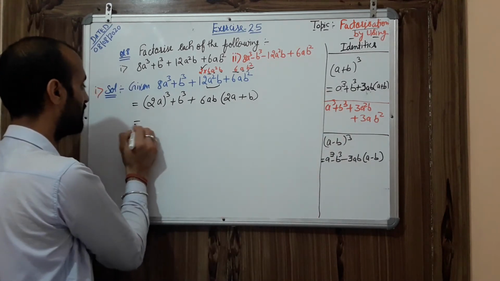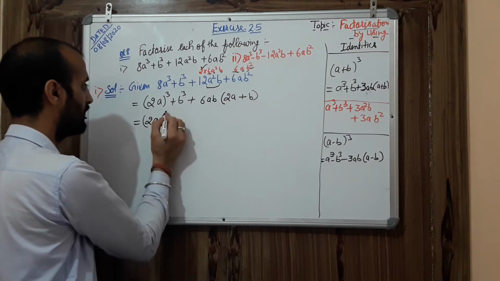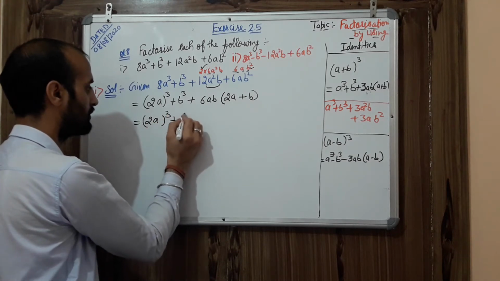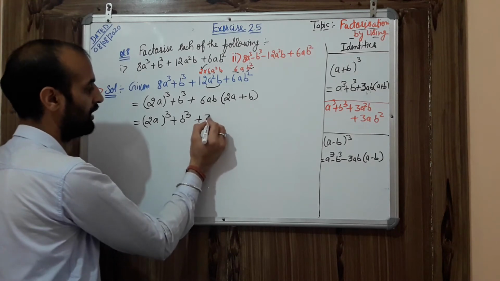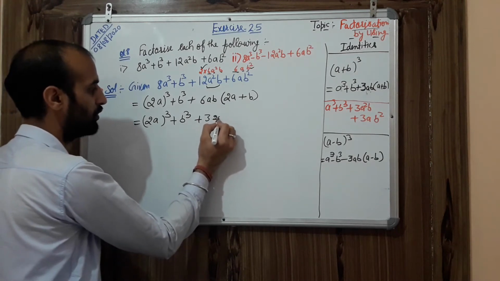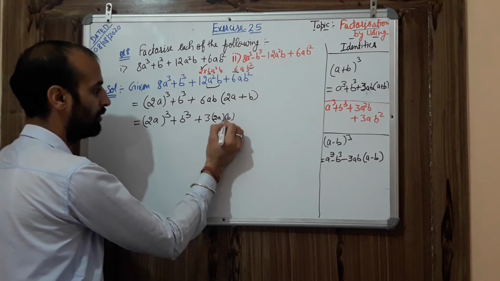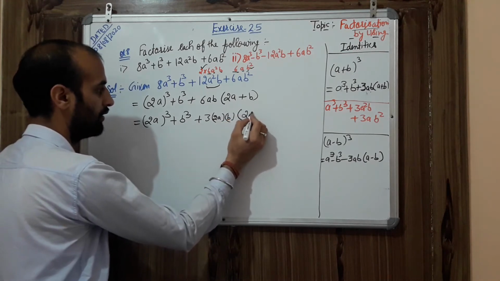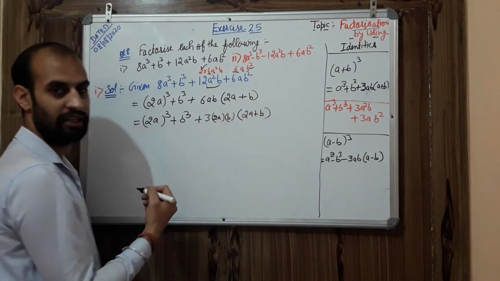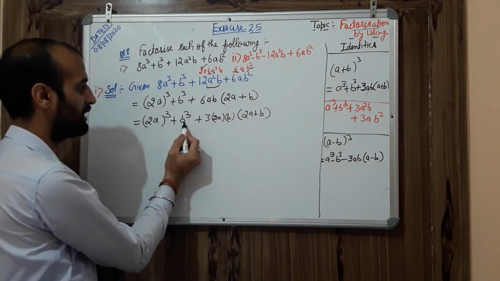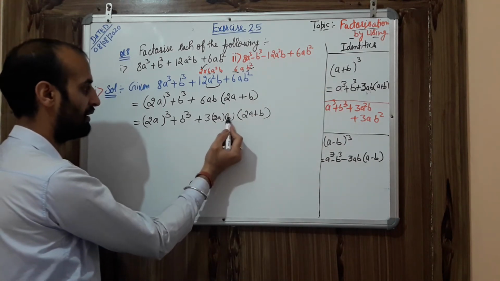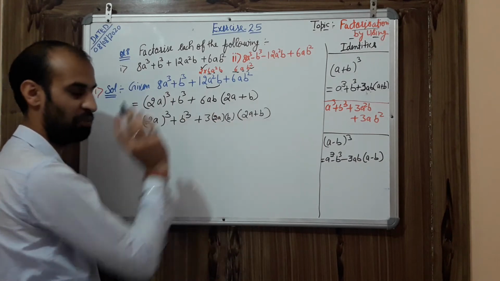Let me write it again. It becomes 2a cube plus b cube plus 6, I can write 3 into 2ab. Now check, it looks exactly like this identity: a cube plus b cube plus 3ab into (a plus b).